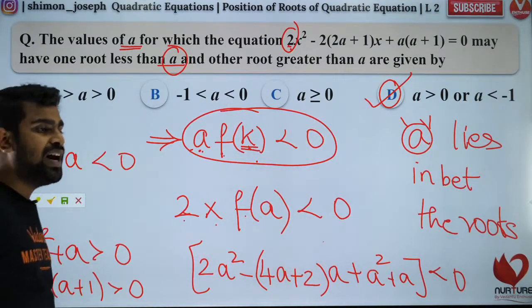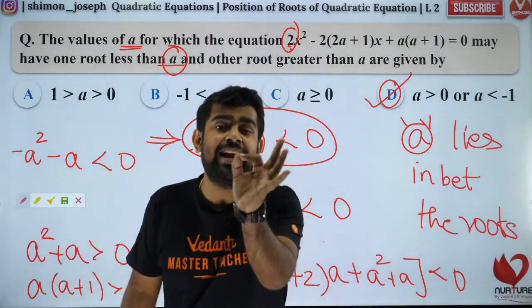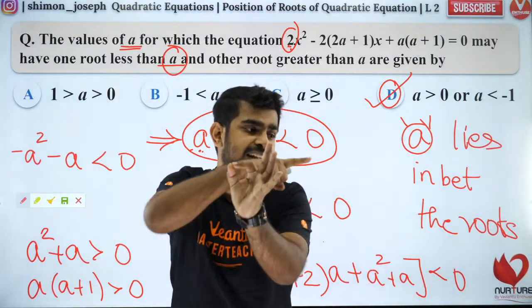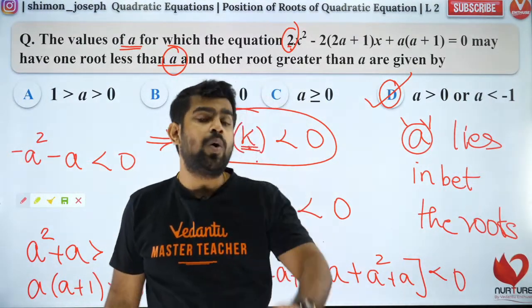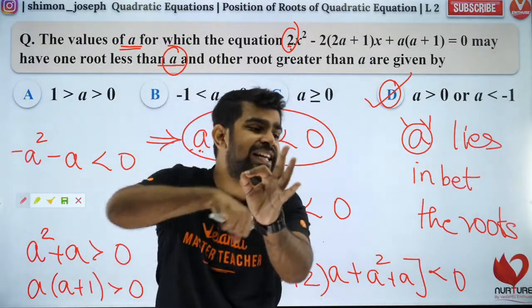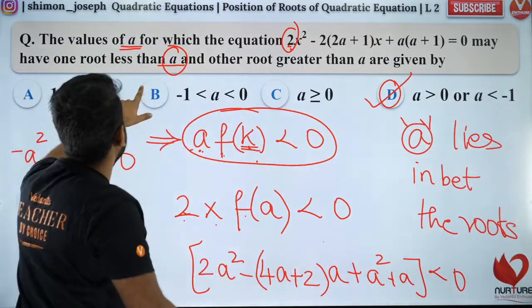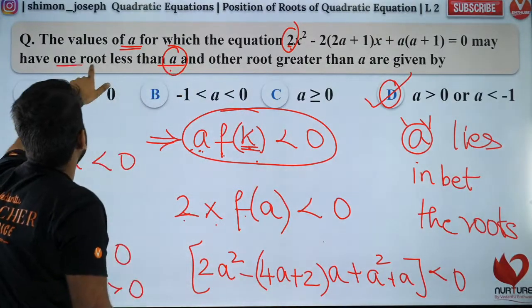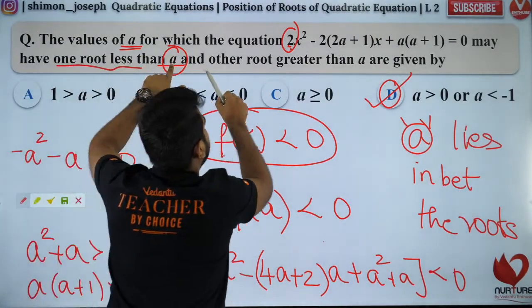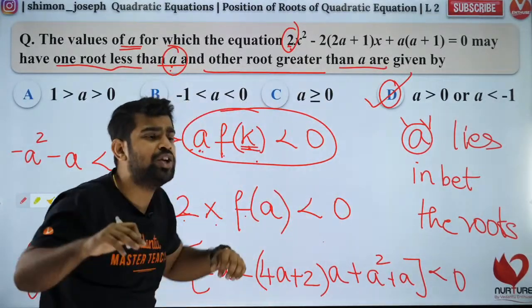Teja, here we want a to lie in between the roots. If you see here, one root should be less than a and the other root should be greater than a. What do you mean by that?